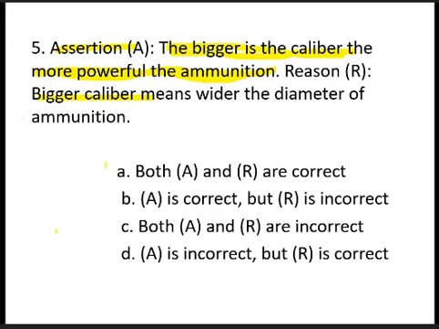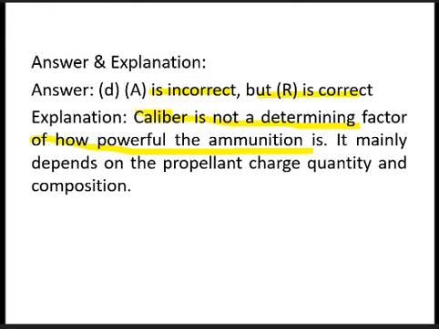So ang explanation, ang kalibre sa armas dili siya factor to determine how powerful the ammunition is. It mainly depends on the propellant charge, quantity, and composition. Diba? What is that propellant charge? Meaning, ang composition sa propellant or the gunpowder.